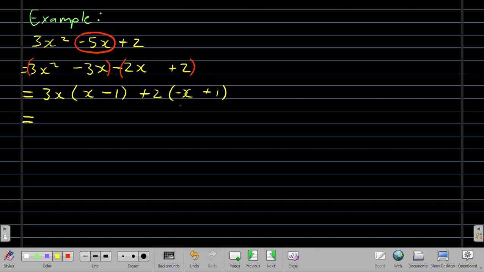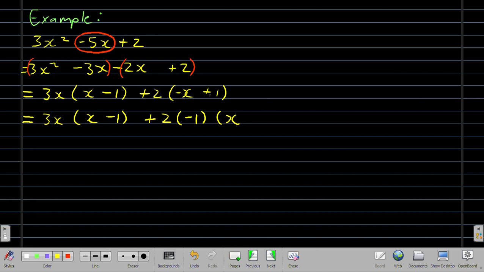So in order for us to be able to get a common factor to factor out, we're going to have to change this term on the right here. So I'm just going to copy down this first part, and then I'm just going to write the 2 here. I'm going to take out a common factor of negative 1. When I take out a common factor of negative 1, I'm effectively multiplying whatever is inside this bracket with a negative 1. Or another way to look at it, if I'm multiplying negative 1 into this bracket, in order to get a negative x, I'm going to have to multiply the negative 1 with an x.